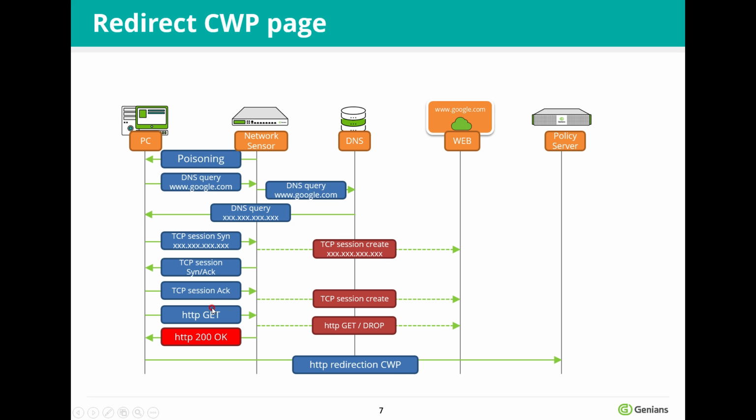After the TCP session is established, the PC sends an HTTP GET packet requesting a web page. At this point, the network sensor sends the address of the CWP page to the PC, which redirects the PC to the CWP page.